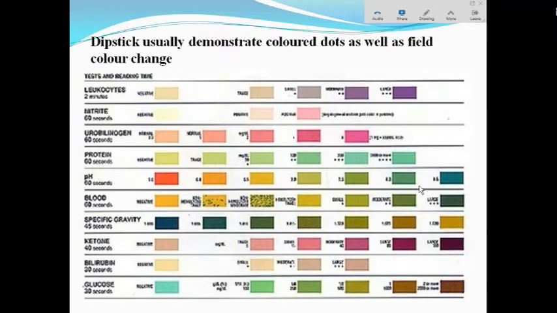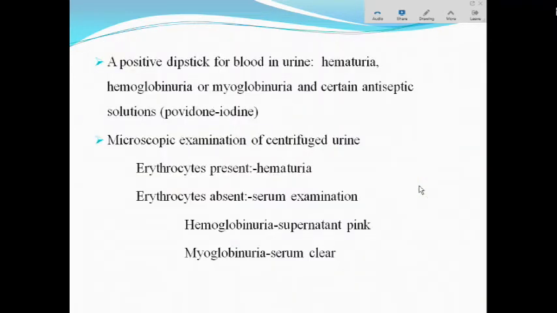So these are various slides and color coding in a dipstick: how leukocyte, nitrite, urobilinogen, protein, blood, specific gravity, ketone, bilirubin and glucose can be assessed by various color codes. Once the dipstick is positive, you have to always reconfirm it with microscopic examination of centrifuged urine.